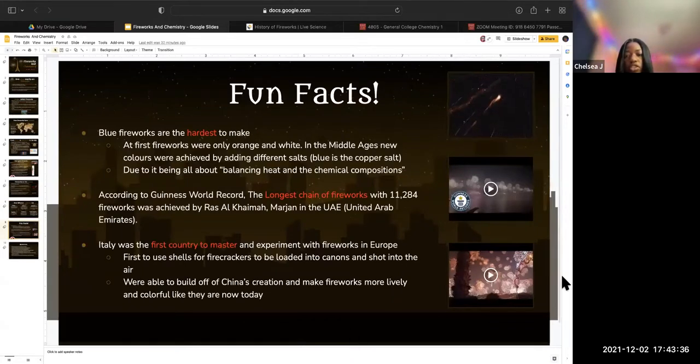Now this slide is going to talk about some fun facts about fireworks. Some fun facts that we found during our research was that blue fireworks are the hardest to make, ironically. This GIF is showing a blue firework. I guess the reasoning behind why it's hard to make is because originally the first fireworks were only orange and white.